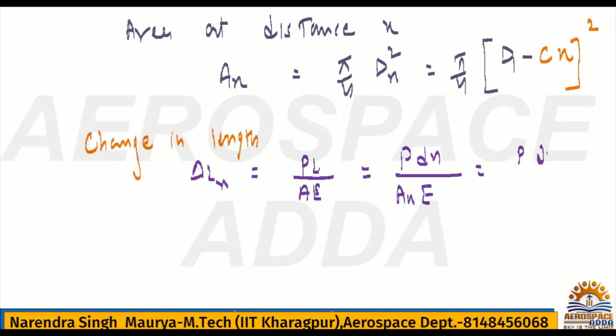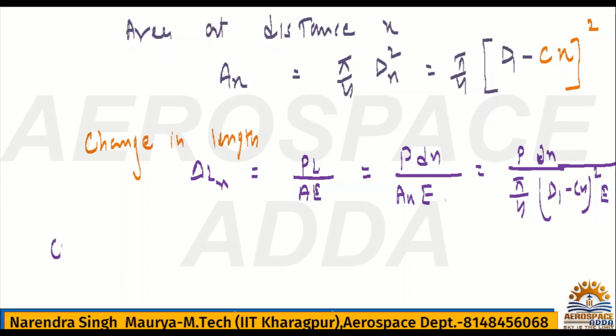Now all the values you keep here. So P dx divided by ax is nothing but what you have written here: pi by 4 in bracket d1 minus Cx square, and then capital E, that is the Young's modulus. Delta Lx you have calculated. What is the change in length?